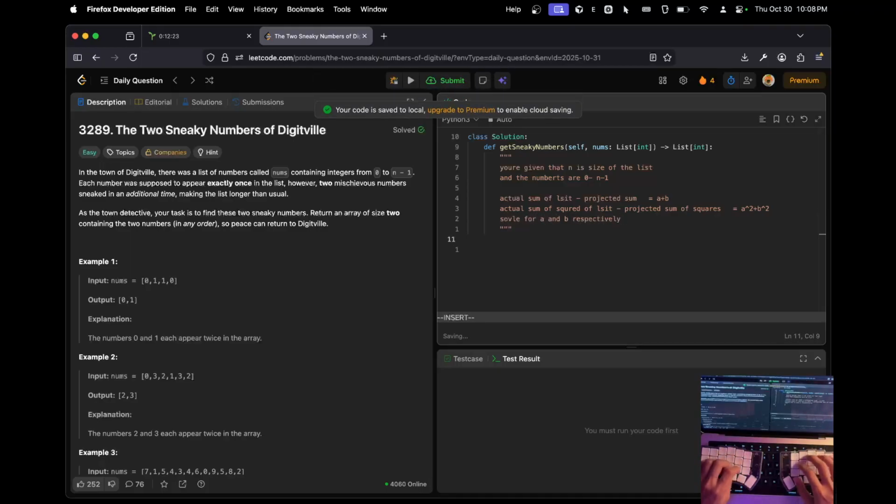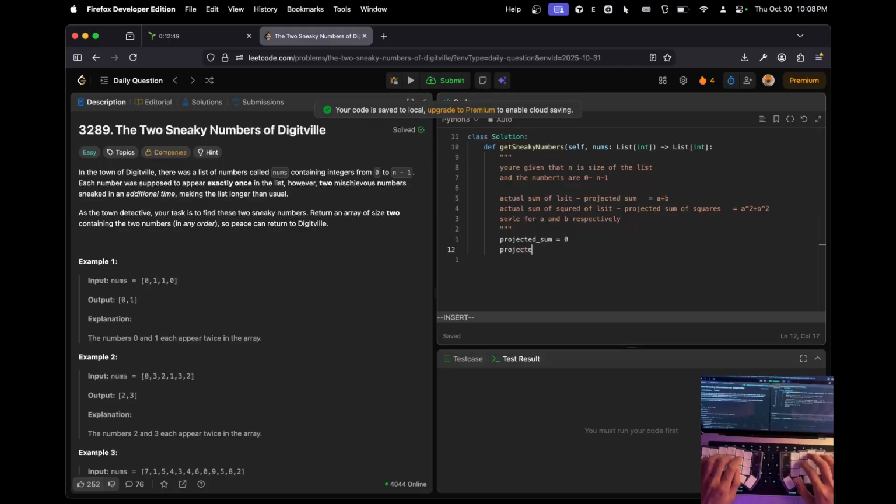So the first step is going to be getting the sum of nums. Projected sum is going to be equal to 0.